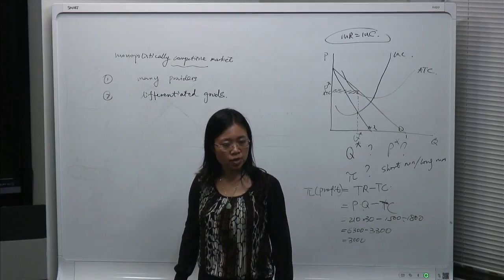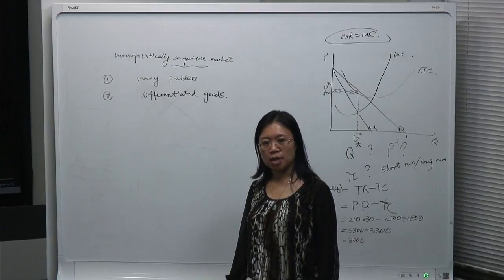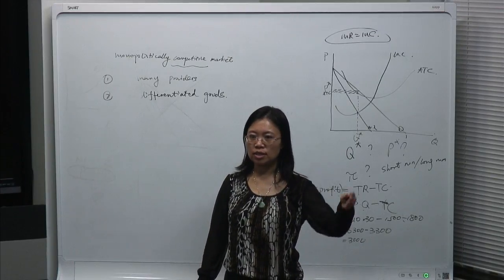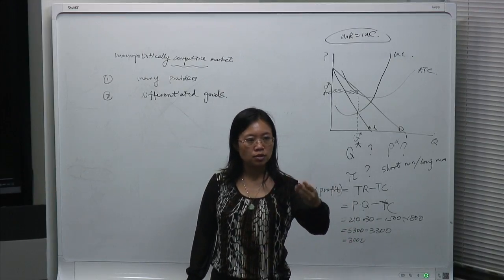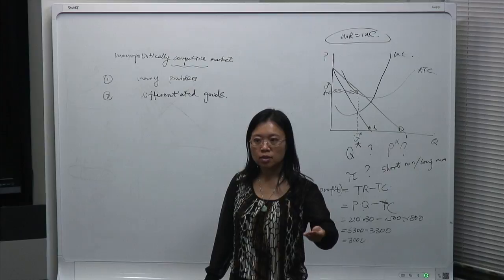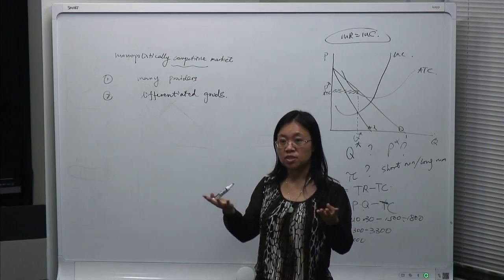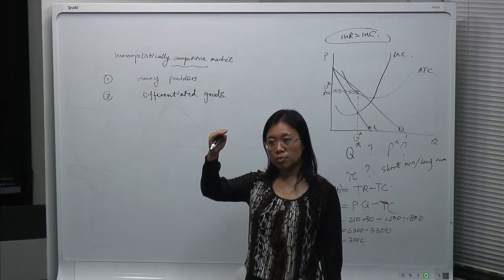For example, the restaurant market is a typical monopolistically competitive market. We have American restaurants, Chinese restaurants, Italian restaurants, and each individual restaurant offers a differentiated good. Say a restaurant sells supreme steak and charges $25 per plate. Why are they able to charge a high price?